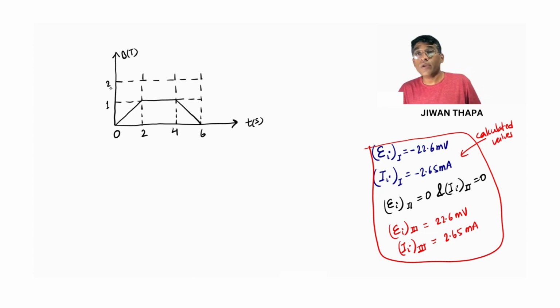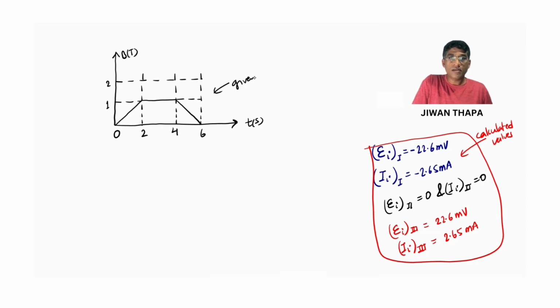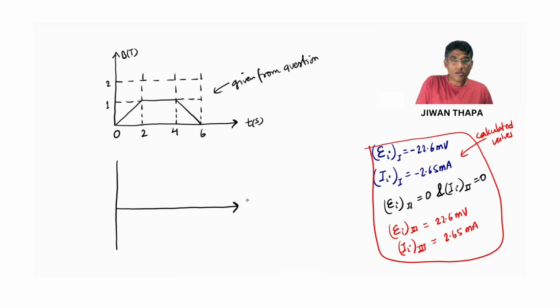We have time in second and magnetic field in Tesla. This is given from the question. Now we need to plot induced current as a function of time.